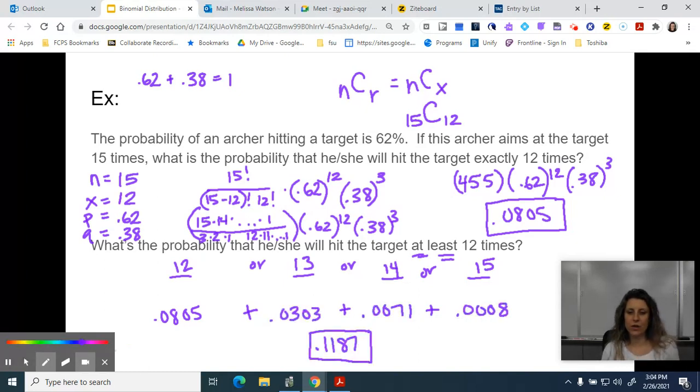Okay, I found those other 3 probabilities as 0.0303 for 13 hits, 0.0071 for 14 hits, and for 15 hits, 0.0008. Now, this last one was given in scientific notation in the calculator. When I saw that number, it said 7 point something e to the negative 4.